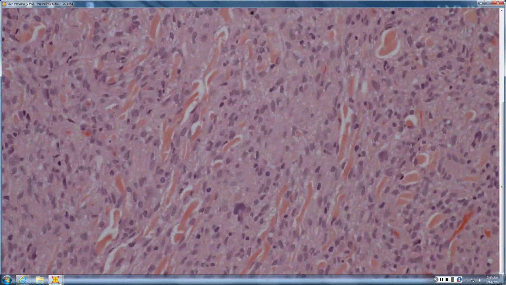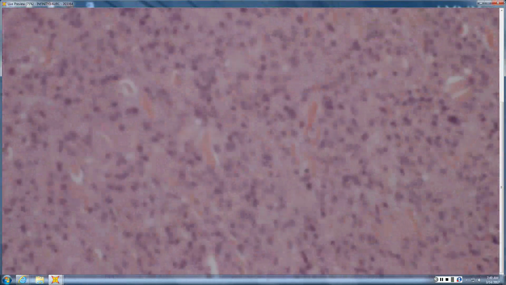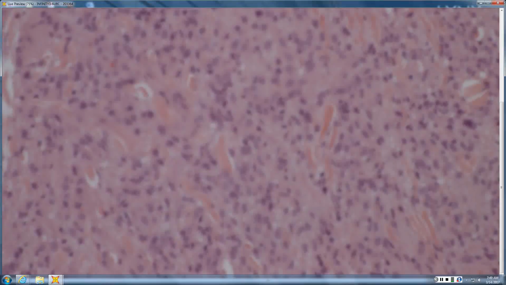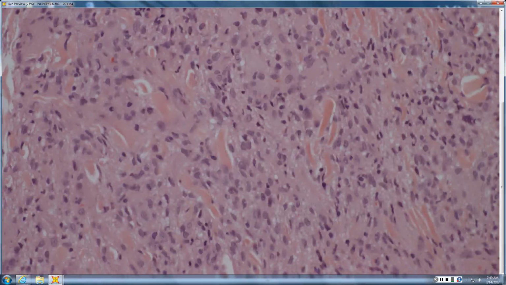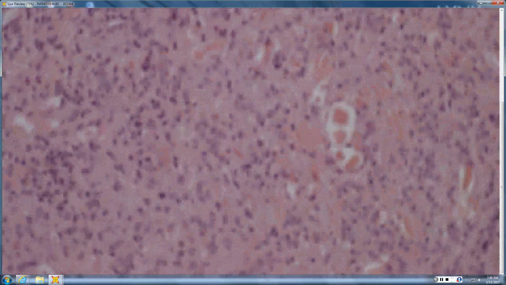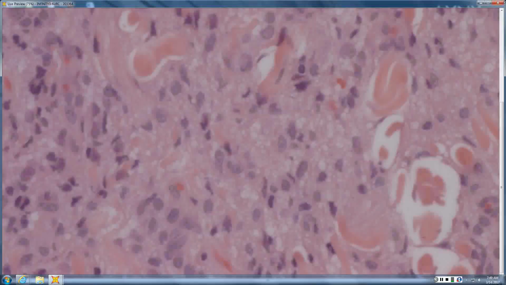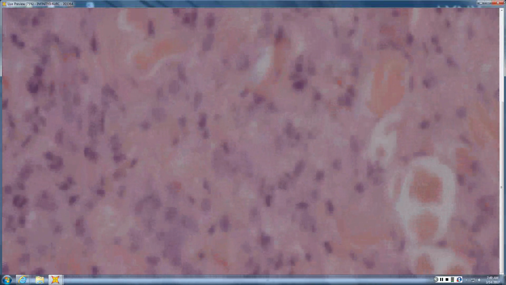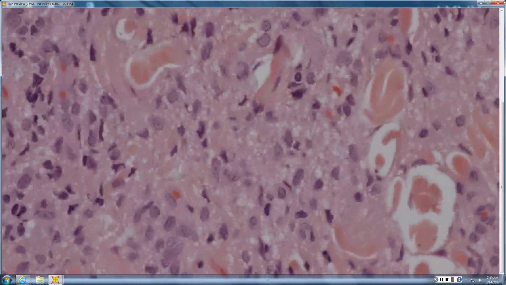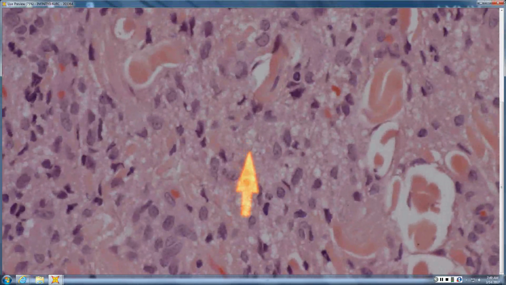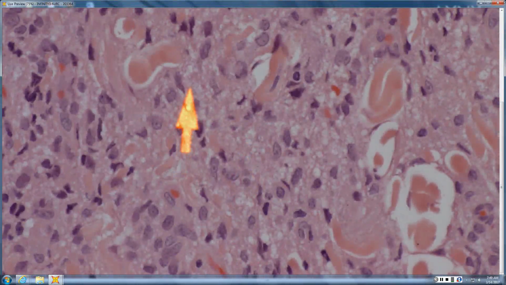So this looks like a small papule. Very cellular, but really overall, I think it looks pretty benign. How would you characterize the cytoplasm of the cells? Vesicular. Yeah, kind of foamy, right? Like xanthoma cells. So the first question is, is it just a xanthoma?